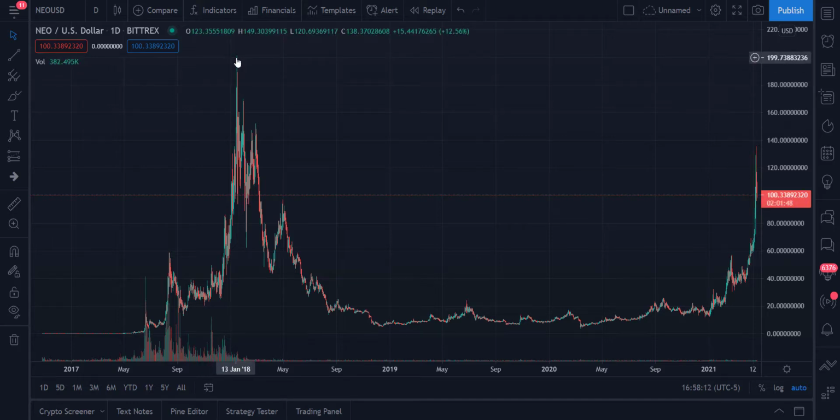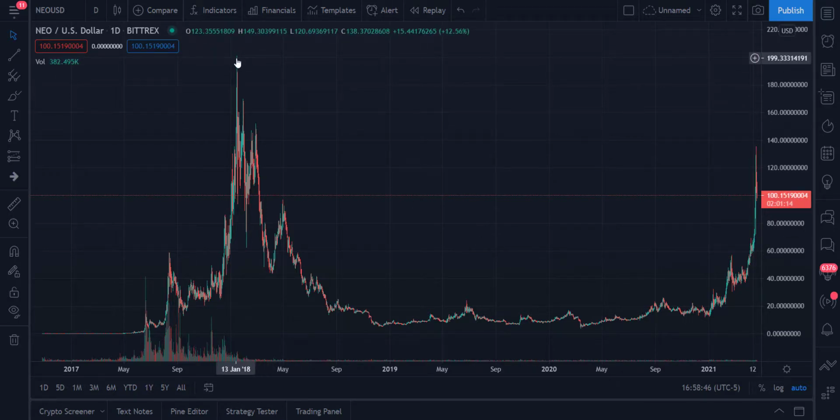We had a high all the way of $149.30 back in early 2018, and it took a tumble. And now it's had a couple of high days. It had really a spiking day, and now it's back trading in that $100 range, halfway, really 50% away from its all-time high.